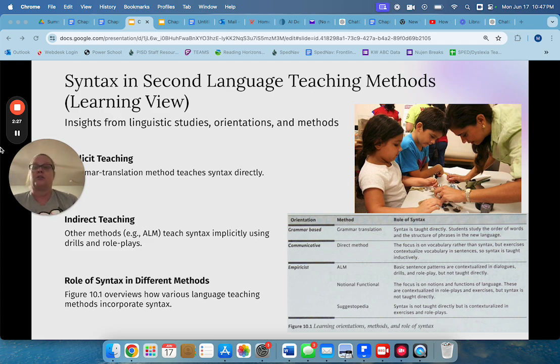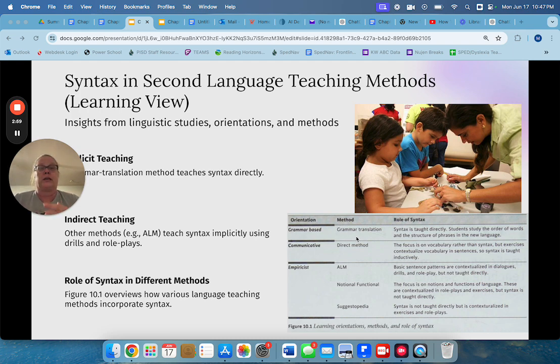I took a copy out of chapter 10 to show the various language teaching methods that incorporate syntax. You had the grammar-based one, which is the grammar translation. Again, the syntax is taught directly. The students are studying the order of the words and the structure of phrases in that new language they're learning.